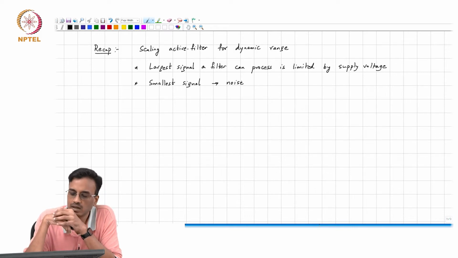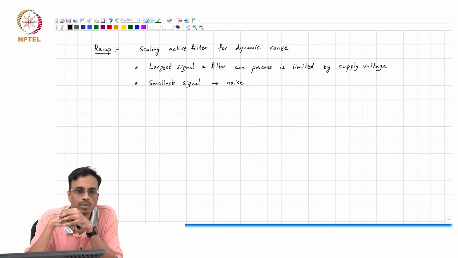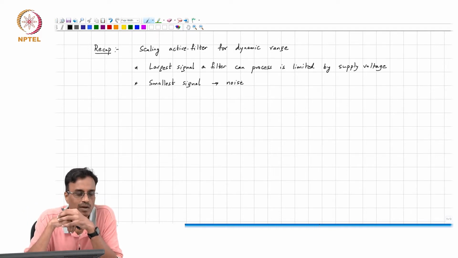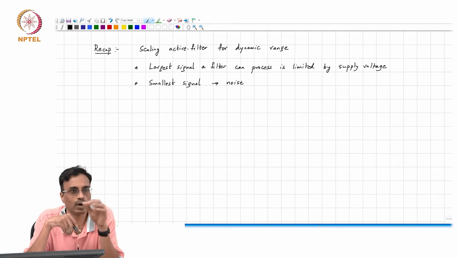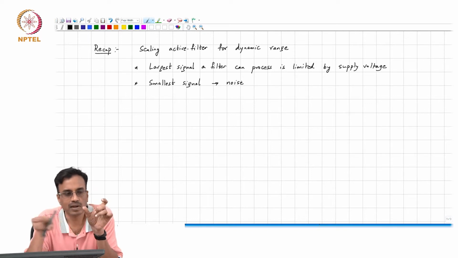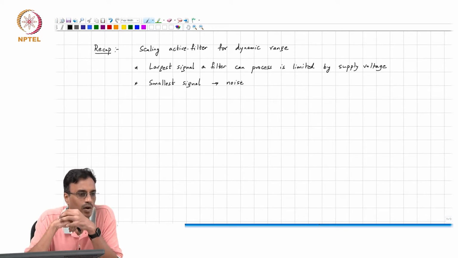Now, we also saw how we would accomplish this. This is a one shot procedure. First thing is to simply find the peak magnitudes at every node, and we saw a recipe where you can simply scale the peak response at every node by a factor, and that is done by changing the value of the integrating capacitor or whatever is there in the feedback branch, and simultaneously scaling all the impedances that sense this output node by the same factor.